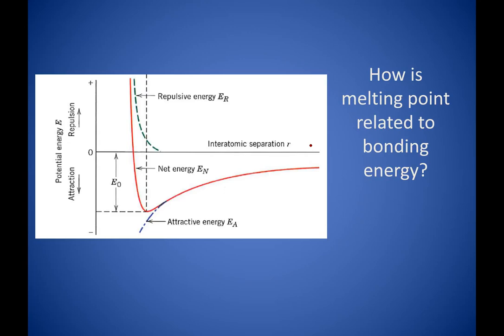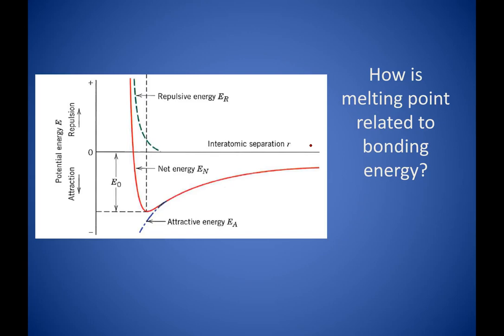And then when we become a liquid, we have to have enough energy to overcome that bond energy. That's the melting point. And so we get this energy by adding heat or temperature to our sample. And so once the thermal energy gets added into the sample and starts to become a significant fraction of this bond energy, then those bonds can be broken, and you end up with a liquid.